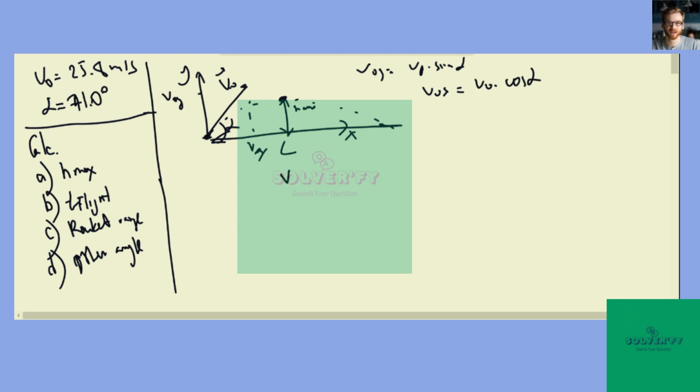Now let's see how vy and vx depend on time. vy decreases with time because there is a gravity force, so it equals v0y minus gt, or v0 sine alpha minus gt. But vx is constant because there are no forces in the horizontal plane. So now we have to find h max and total time of flight.